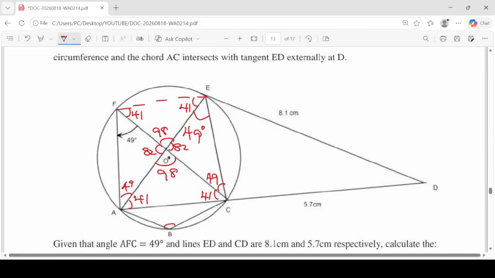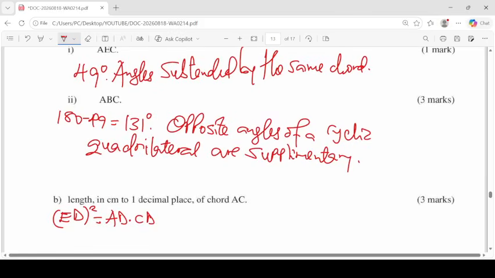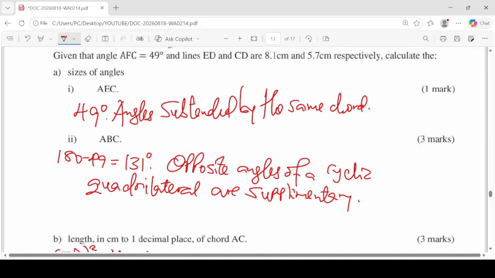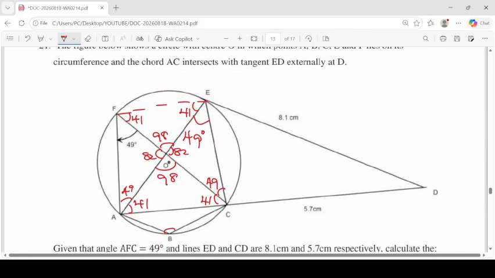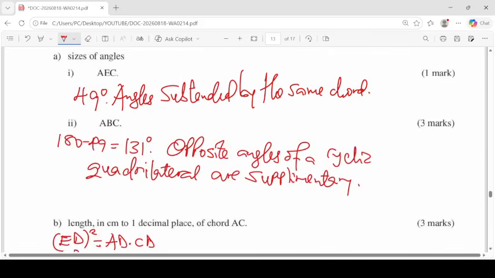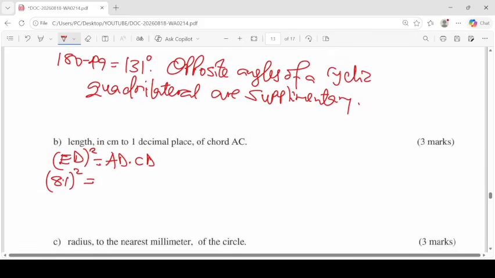The length ED is 8.1, squared. So this will be 8.1 squared is equal to AD. If I call this one K, from A to C is K. AD is K plus 5.7, times CD, which is 5.7.